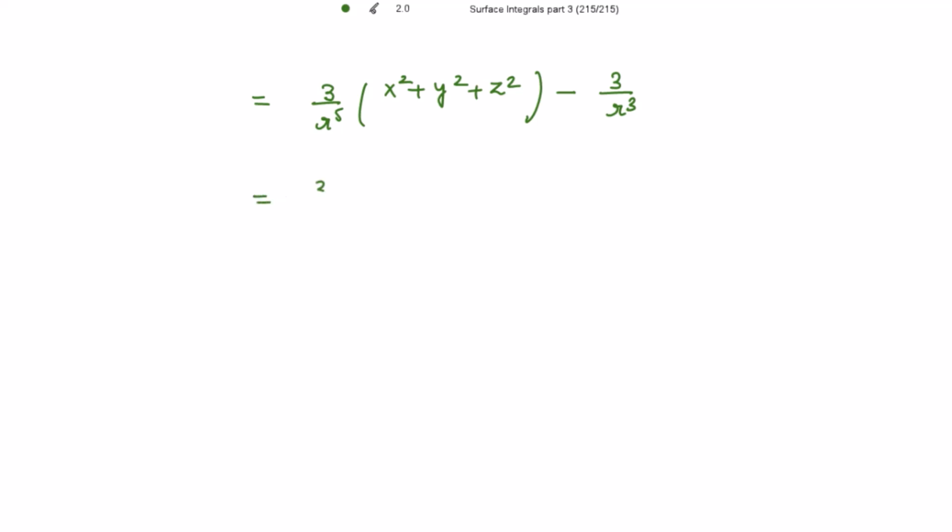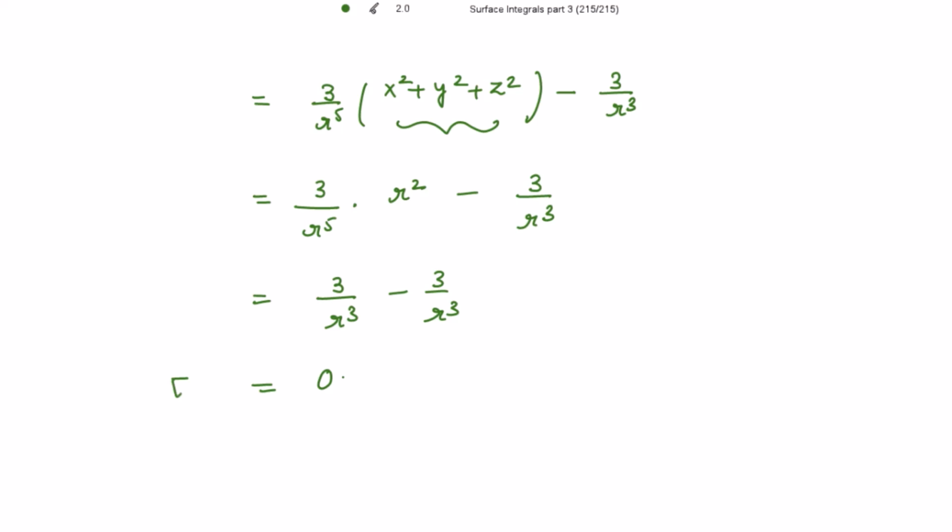So this is equal to 3 divided by r to the power 5, and this is your r square. It is given to us, minus 3 divided by r cube. So this is 3 divided by r cube minus 3 divided by r cube, that is equal to 0. So we are getting the value of del square xi to be equal to 0.